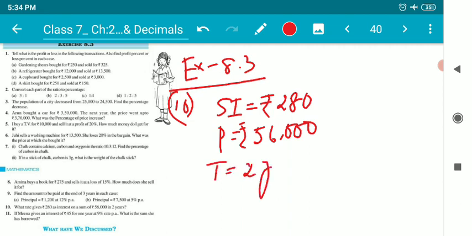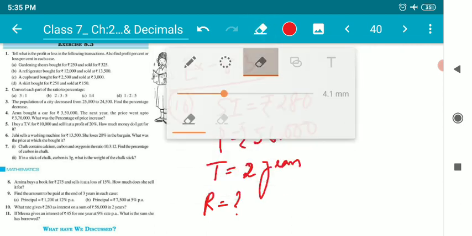So children, by reading the question, it is pretty understandable that one thing is missing over here. The missing thing is the rate of interest, which is not given to us. No problem, children. We know mathematics, we know the formula, how to calculate. We can easily find out the value of rate of interest. Let us calculate, children.